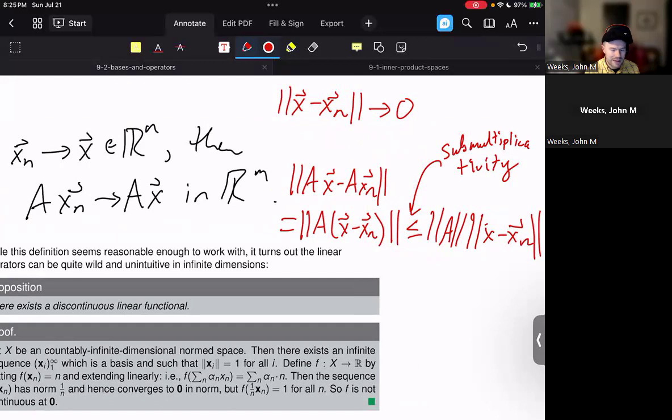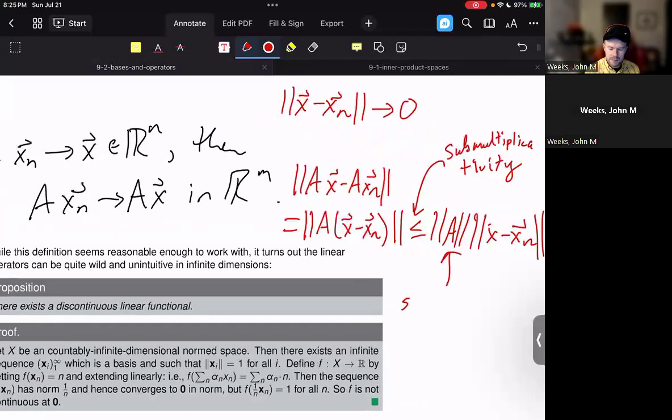Let me walk through again why this should be true. Remember that this norm of A right here is the supremum, over all vectors x inside of R^n where the norm of the vector x is equal to 1, of the possible value of the norm of A times x. Well, let's say that x minus x sub n is something of norm 1.